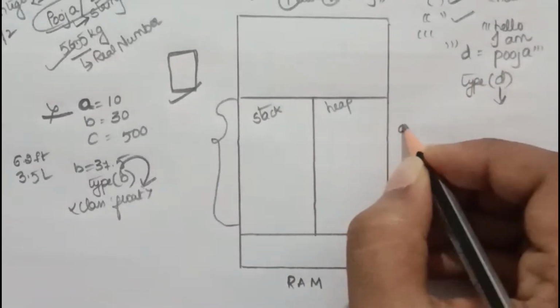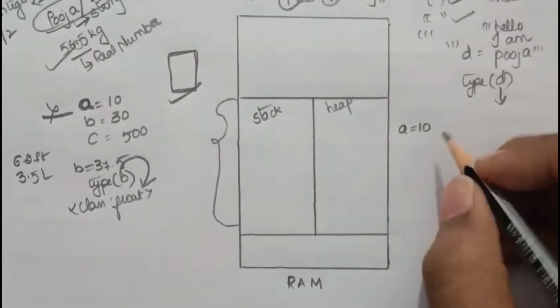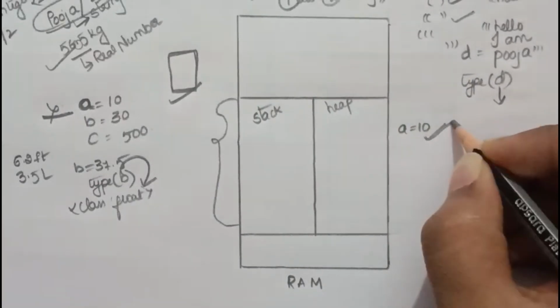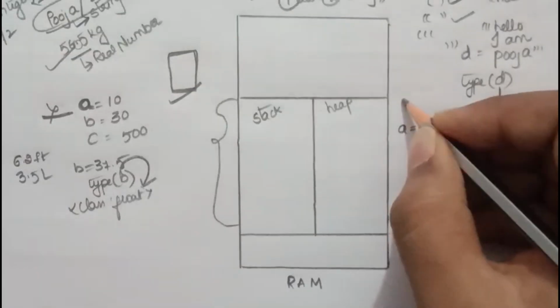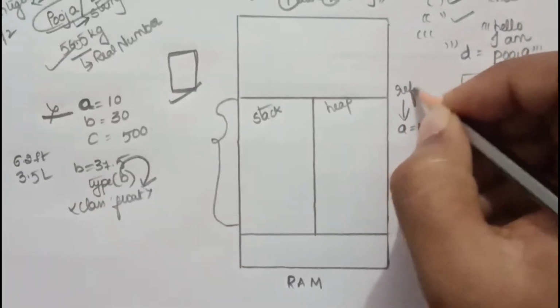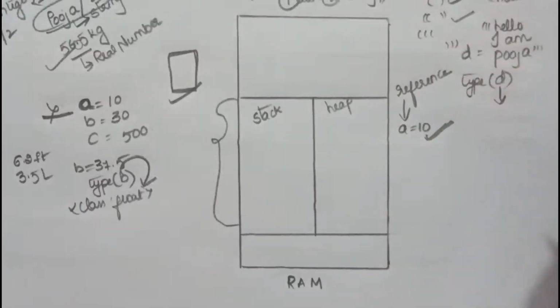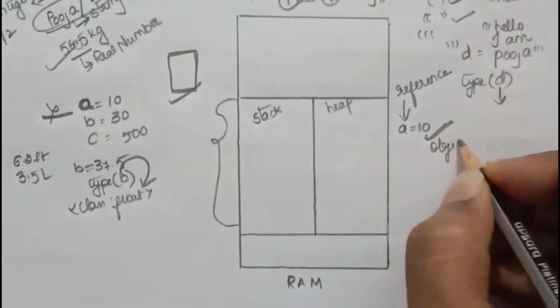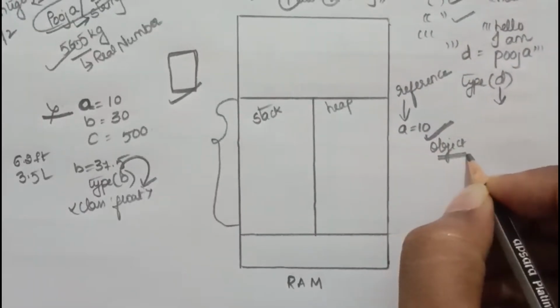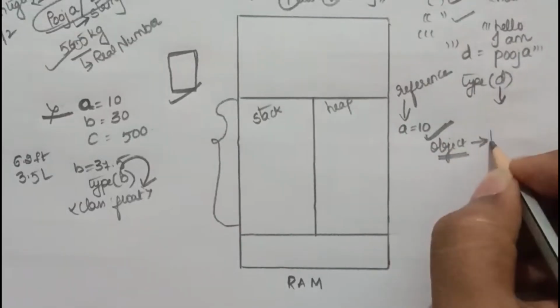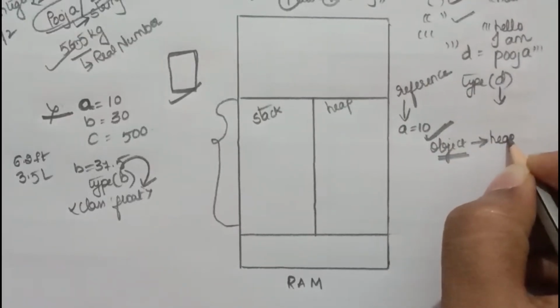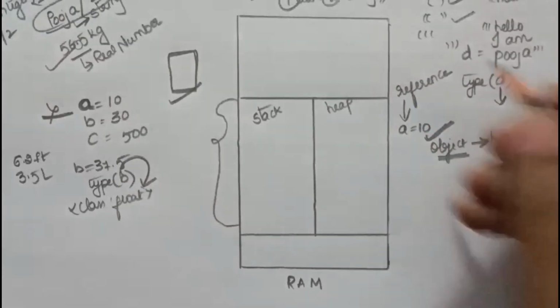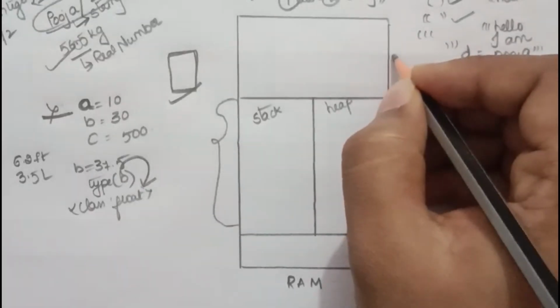When you write a equals 10, 10 is treated as an object. a is treated as a reference. All objects get memory allocated on heap. All references get memory allocated on stack.